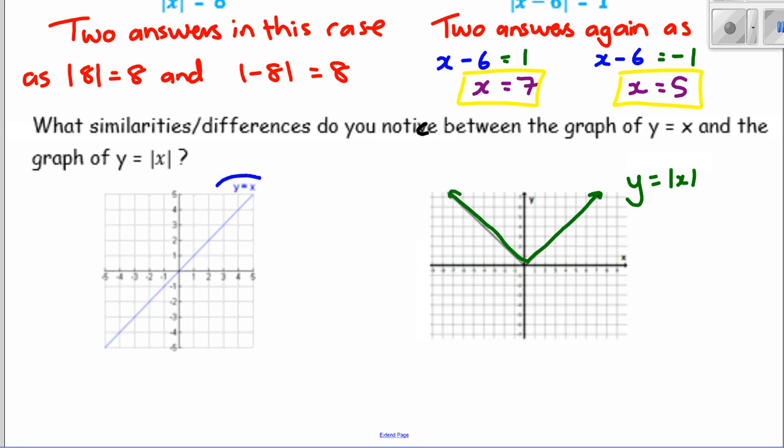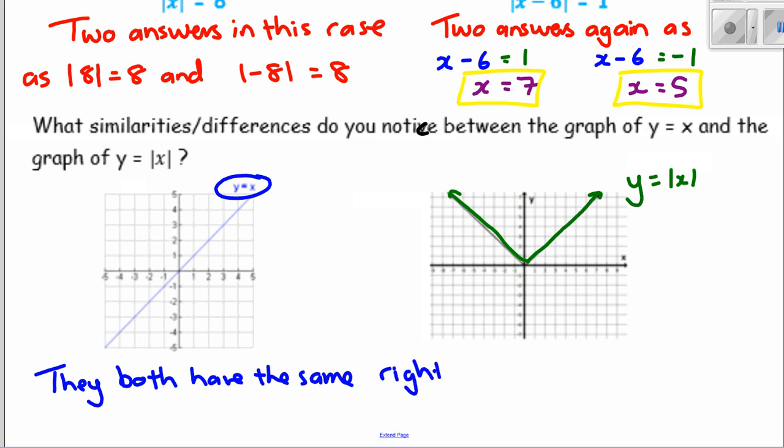Okay. So you can say they both have the same right arm, which I'll point out in yellow.